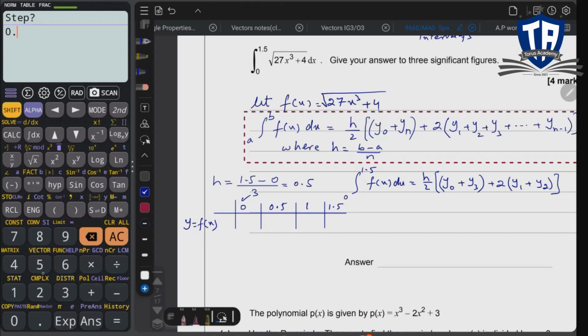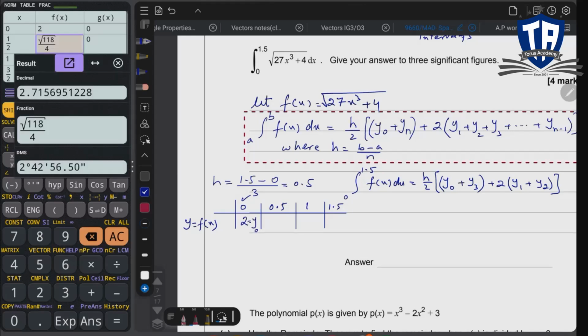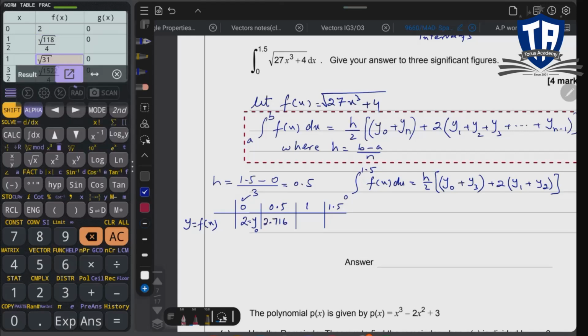When x is 0, you have 2. You call it y0. The next is 2.7156 and we need to write our answer in three significant figures, so let's take the value in four significant figures and it is 2.716. For the next one it is 5.568.